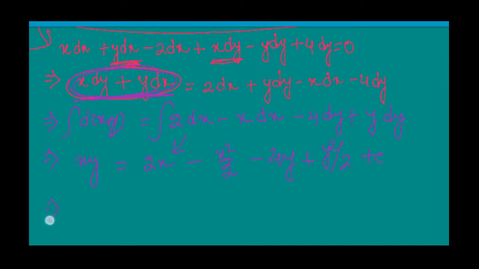So it can be written as 2xy = 4x - x² - 8y + y² + c. This is the solution of the given differential equation.